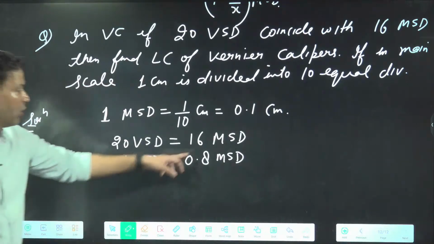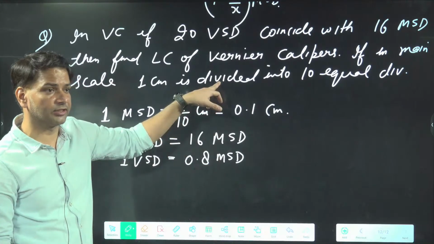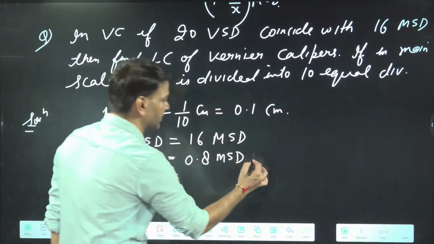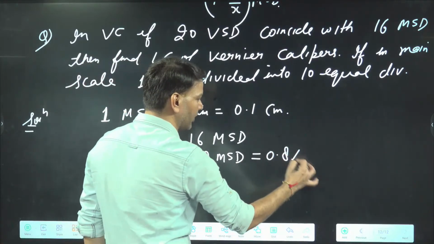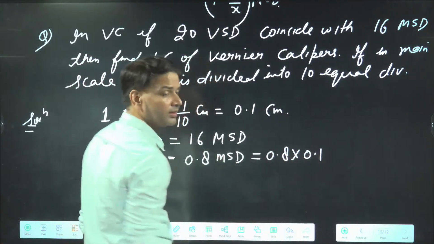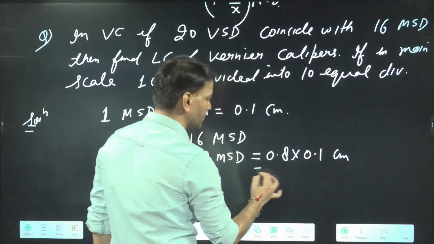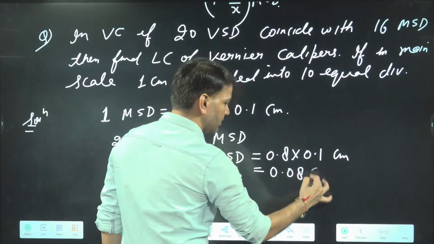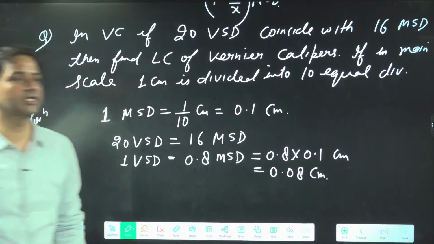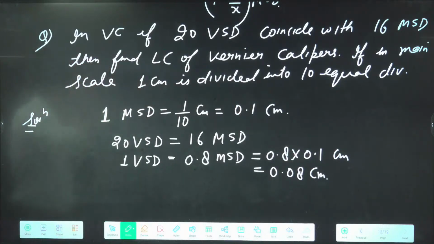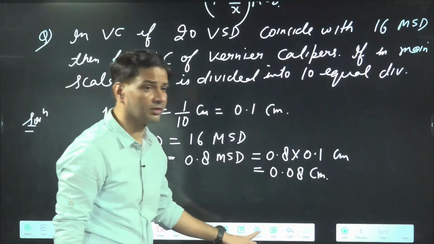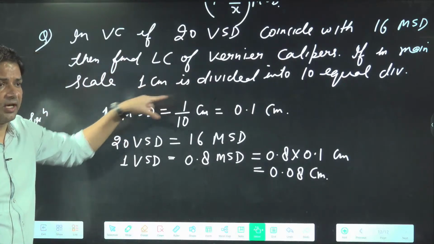Okay. Now the main scale division we already know, that is 0.1. So we will replace the MSD: 0.8 into 1 MSD, which is equal to what? 0.1. Then you will get what? 0.08 centimeter. So 1 Vernier scale division we got 0.08 centimeter. Okay.